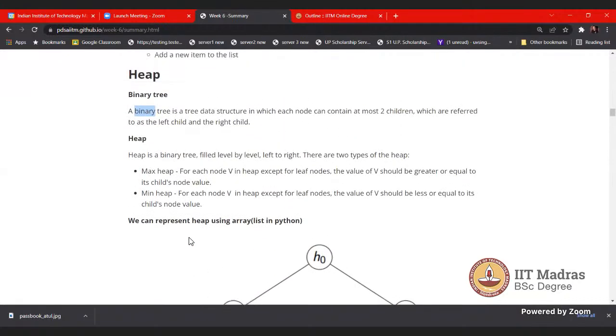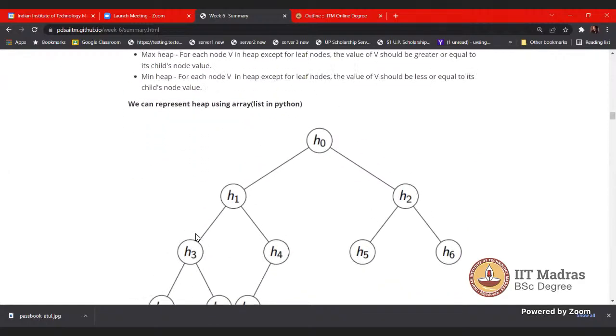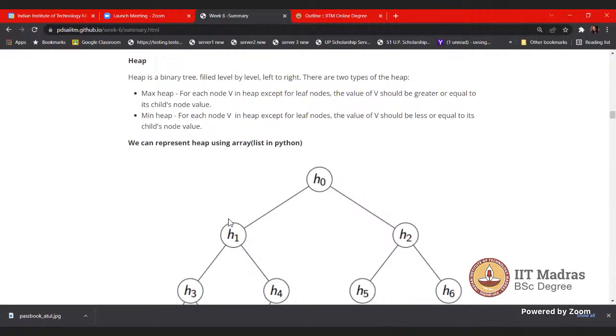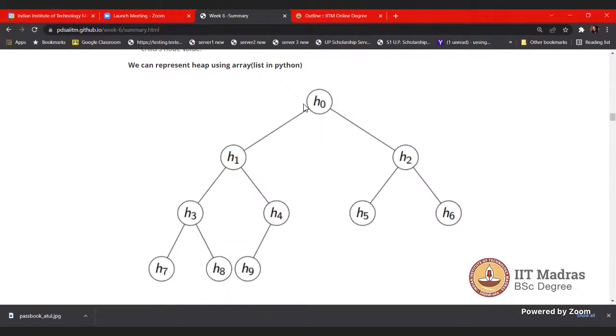So heap is basically a complete binary tree, and we can represent this heap tree structure using a list. If we traverse this complete binary tree in level order fashion, that means we start from the root and read the values level by level, left to right.